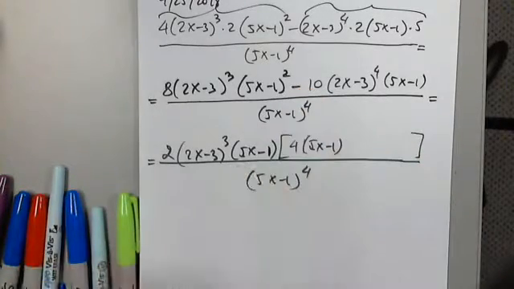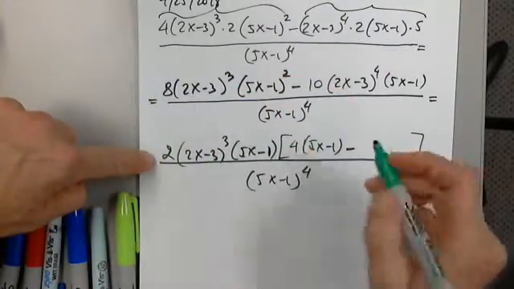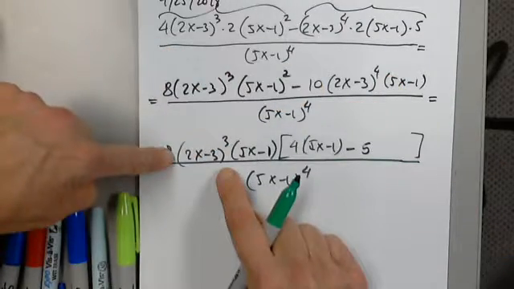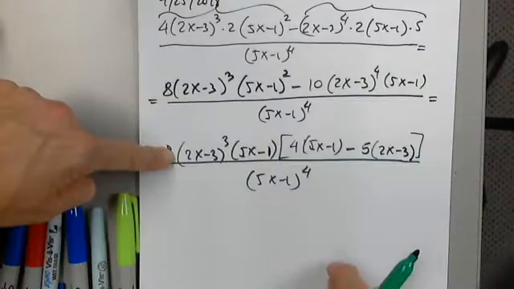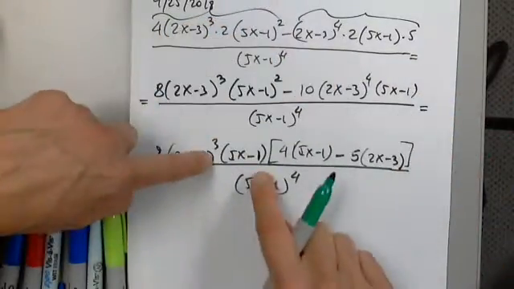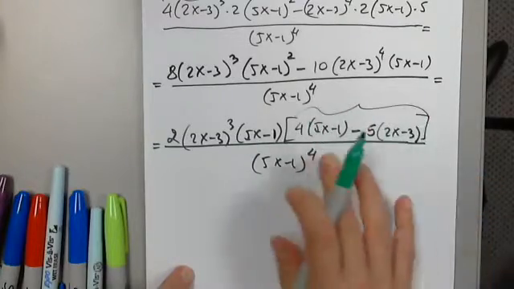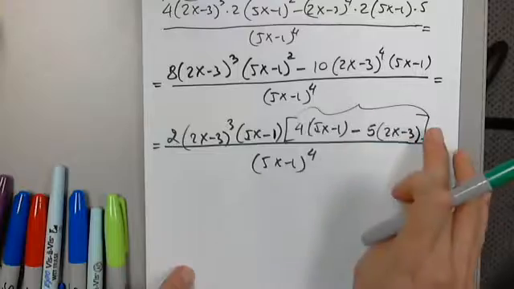Now I reach this stage with minus. From 10, I took a 2 out, so there is a 5 left. From (2x minus 3) to the 4th, I took 3 of them out. So there is a (2x minus 3) left inside. And there is nothing left from (5x minus 1). At this point, I will have to combine these, distribute, and just get one factor out of this whole thing.